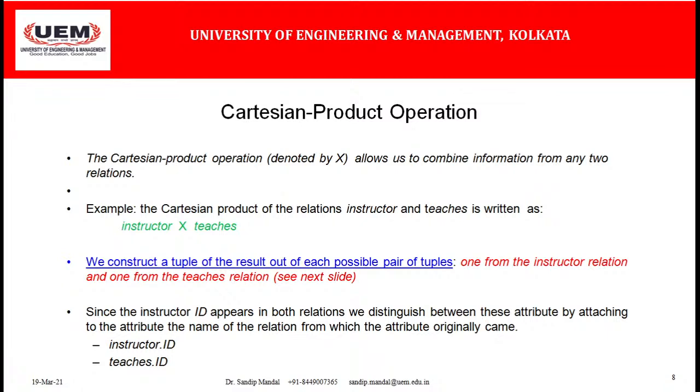Whenever we map those two things, we may face a problem: in the first table the instructor ID is there, and in the next table again the instructor ID is there.